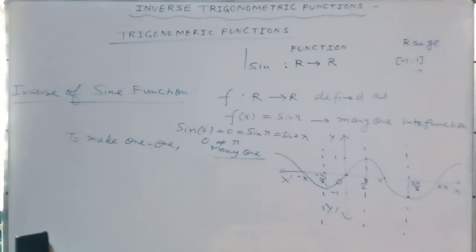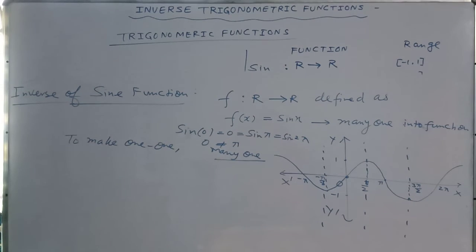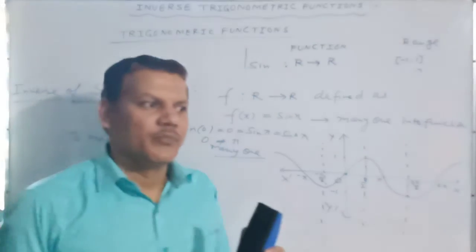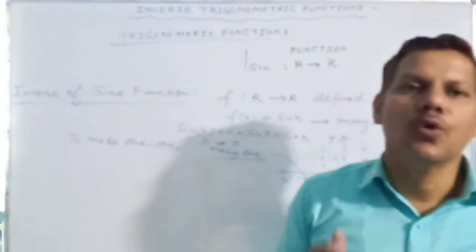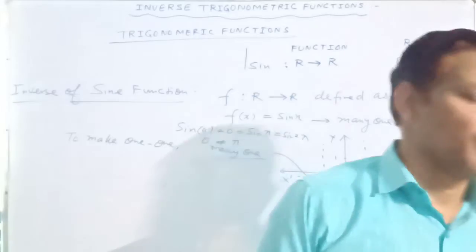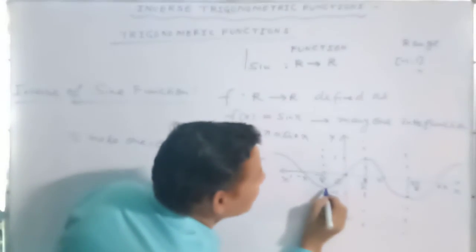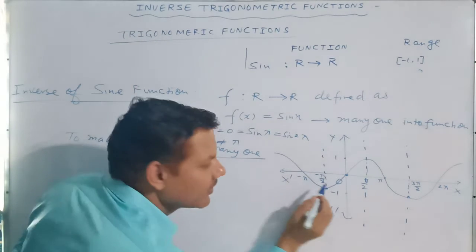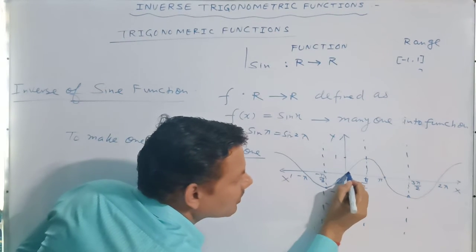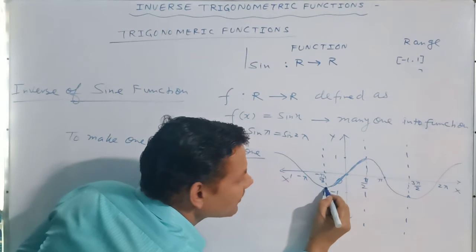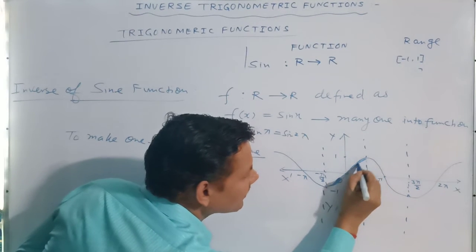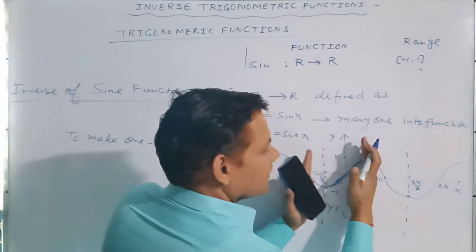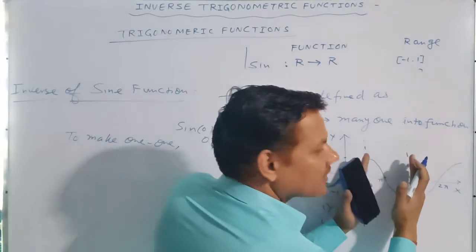It means to make it a one-one function, we restrict its domain in such a way that in that domain the function has no turn in its graph. When it repeats, then there is a chance of a minimum. From minus pi by 2 to pi by 2 there is no repetition. That's why for this interval it is 1 1, again for this interval it is 1 1, and so on.